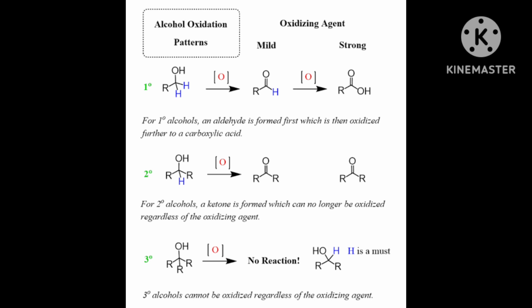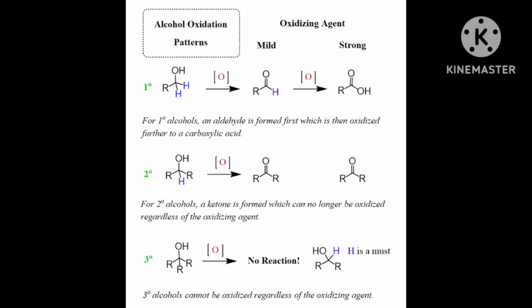Due to oxidation, first the alcohol will convert into an aldehyde, meaning CHO, and this CHO on further oxidation will give carboxylic acid. This is a very important reaction. Then suppose you have taken RCH2OH. R is an alkyl group.